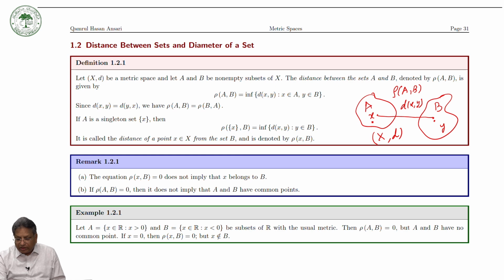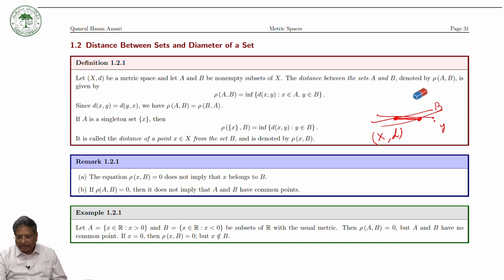Similarly, you take all these distances from here to here, any point here, any point here, and then finally you will see that from here to here this is the shortest distance, that is the infimum of all these distances, and that is called the distance between the set A and the set B. So this way we define the idea of the distance between two subsets of a metric space.